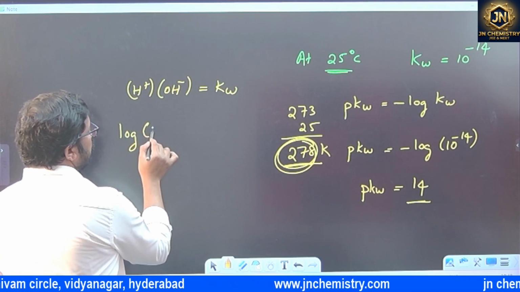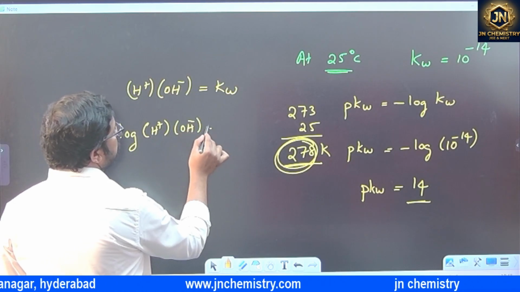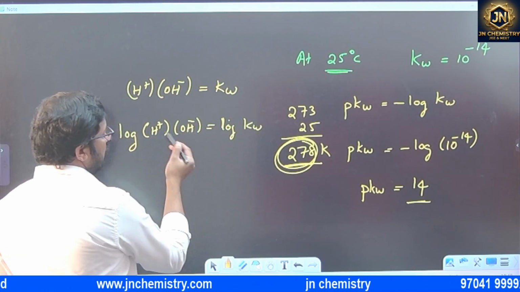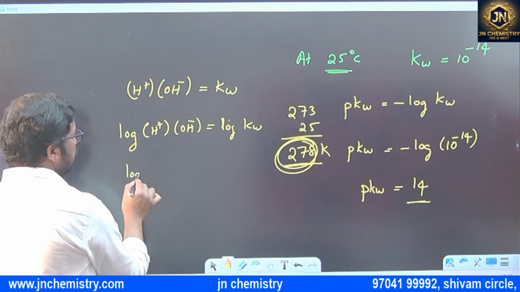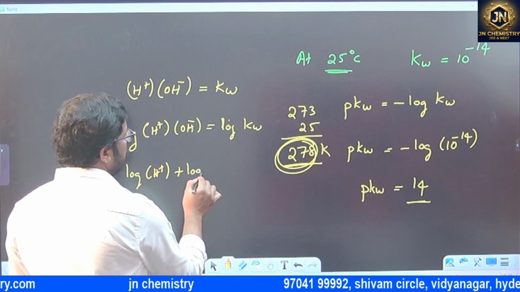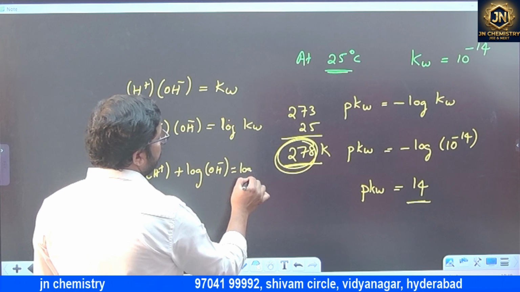Log of H plus ion concentration times OH minus ion concentration is equal to log KW. So log of A into B is log A plus log B, right? Log H plus plus log OH minus is equal to log KW.